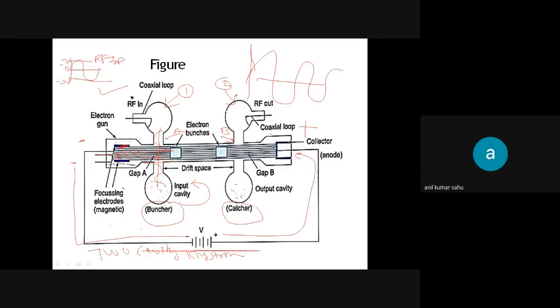You can see that this collector is more positive, so all the electrons will be attracted from your electron gun toward the collector. That's why electron collectors are positive. So this is the working of the electron gun and the two-cavity klystron.